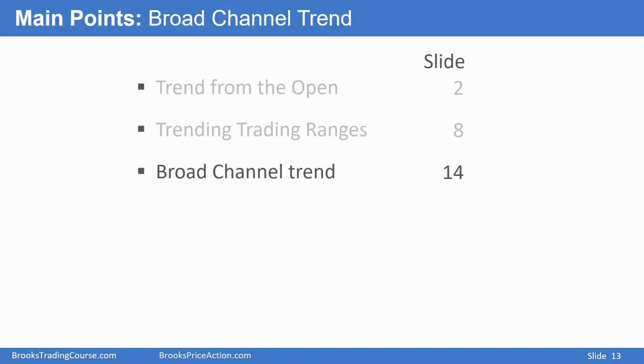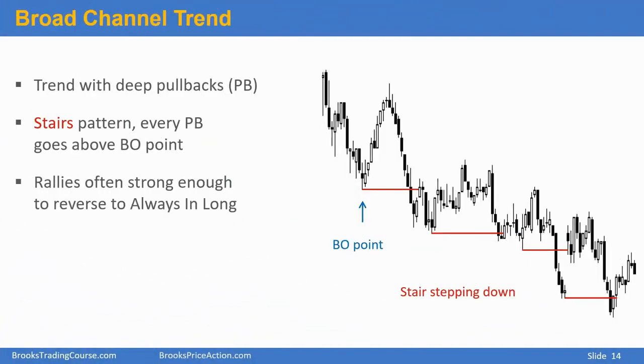I'm finally going to be talking about trends that are in broad channels. We're in a bear trend, and we have deep pullbacks, but in general, still forming lower highs and lower lows. It's a stairs pattern. Here's the breakout, but the pullback goes above the bottom of the breakout.